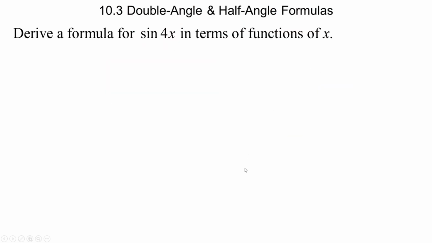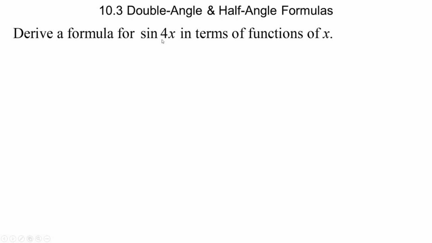Now, look at that. They want us to derive another formula. So derive a formula for sine of 4x in terms of functions of x. Okay, well, let's see. Sine of 4x. Can I use anything we've just done, like maybe a double angle identity for sine?